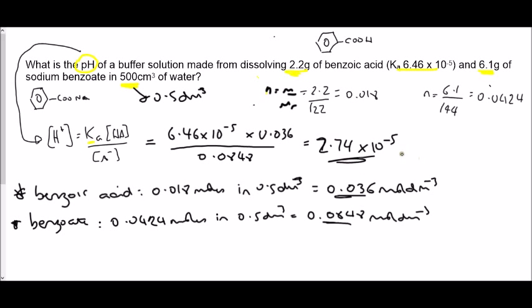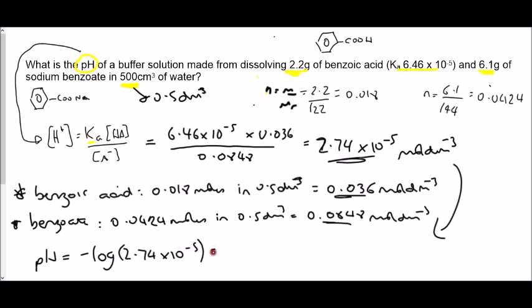So that's the concentration of H plus ions. The final step is to calculate the pH. So pH, if we've got H plus, we're going to do minus log. Which gives us our pH.